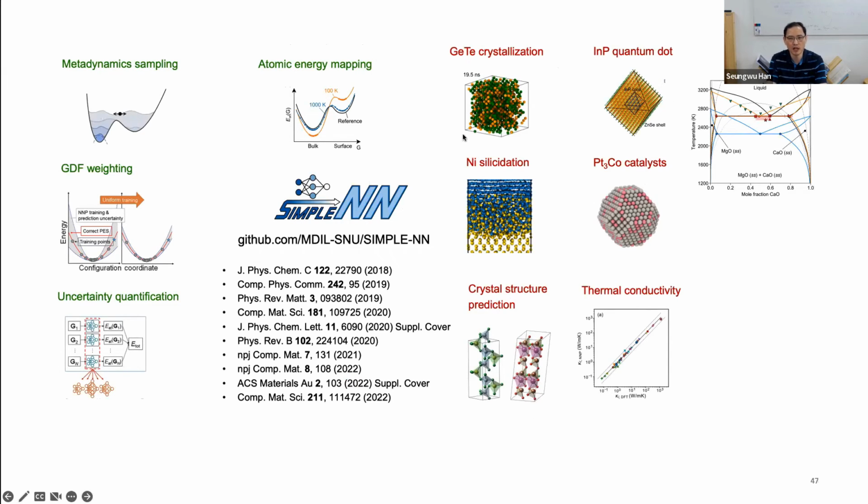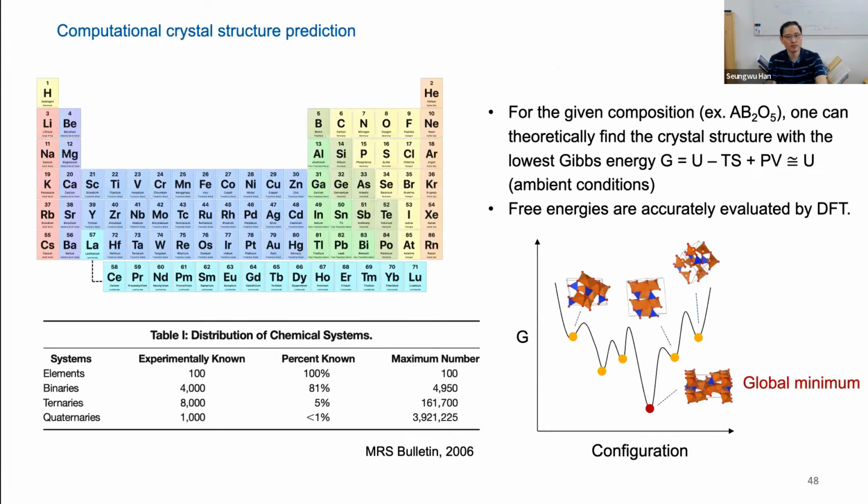Some of the applications that I have shown actually made use of the machine learning potential. Okay, and for the last amount of time, I will show you an example, the crystal structure prediction.